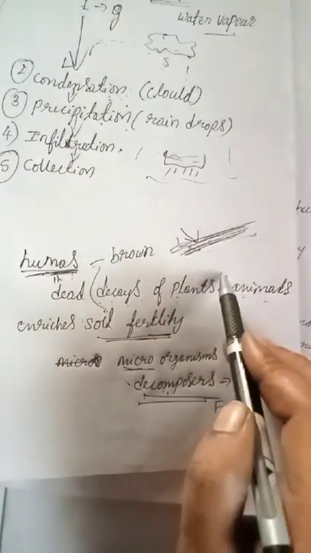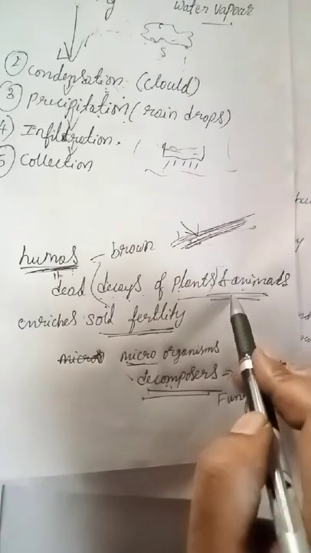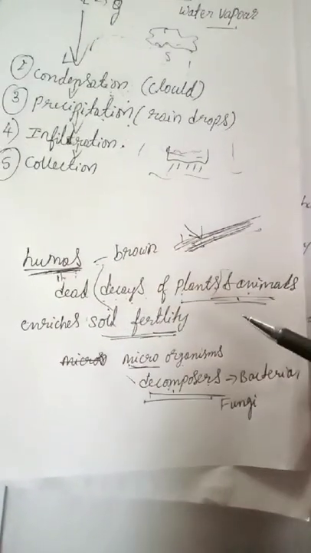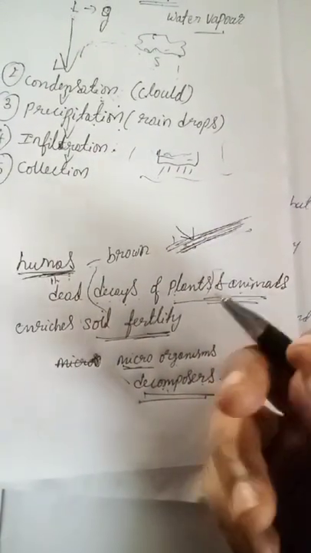Decay ಅಂದ್ರೆ dead bodies of plants or animals, whatever product is left, they feed on that and make the soil fertile, which makes the trees grow properly. So like this, the forest helps us.